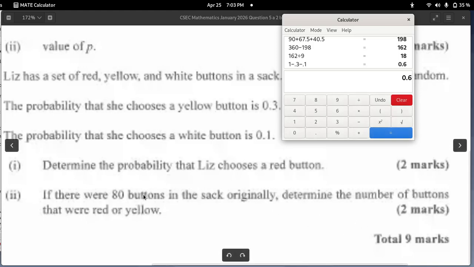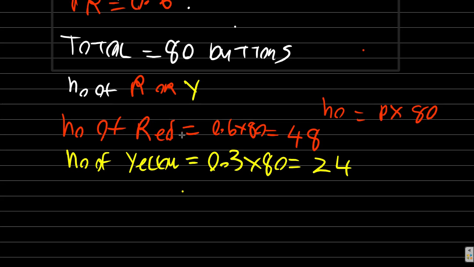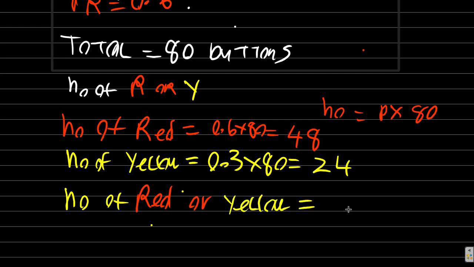So the number of red or yellow will be equal to 48 plus 24. 8 and 4 is 12, bring down the 2, carry 1, 4 and 2 is 6, and 1 is 7. 72. Alright?